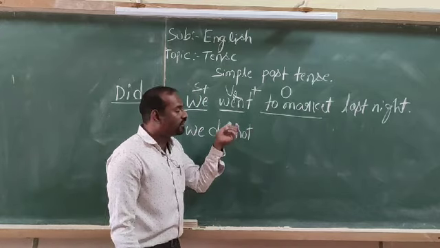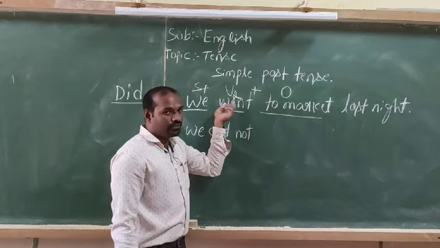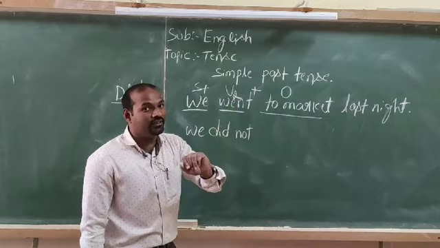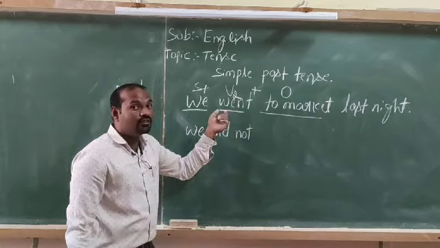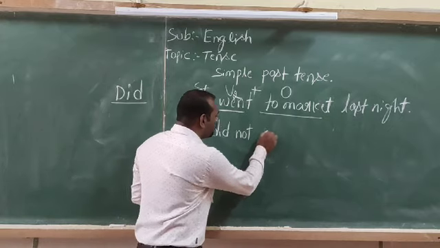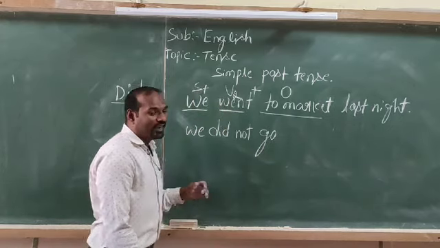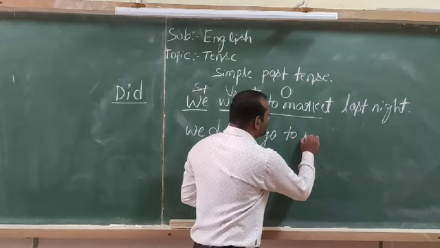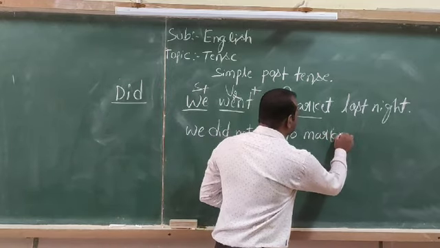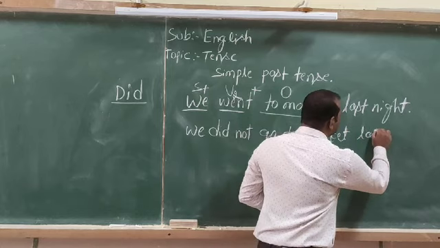Look, here I wrote V2, but when I gave the structure of the negative sentence, I wrote V1. What is the V1 of went? Go is the present form of went. We did not go to market last night.